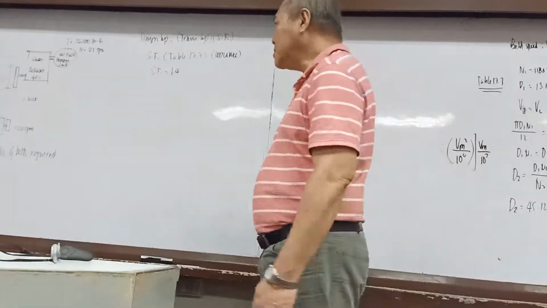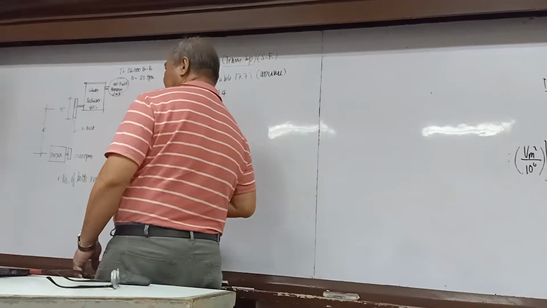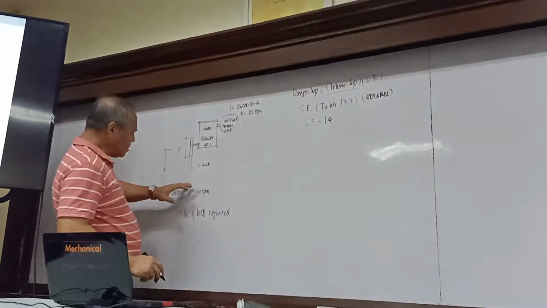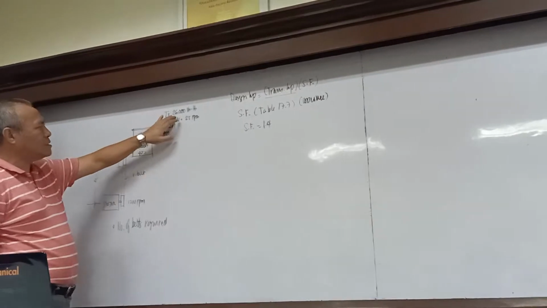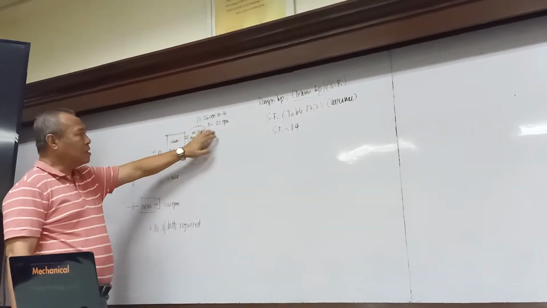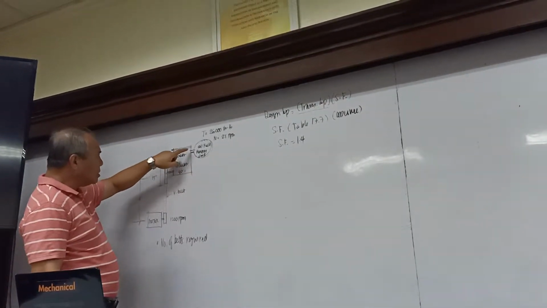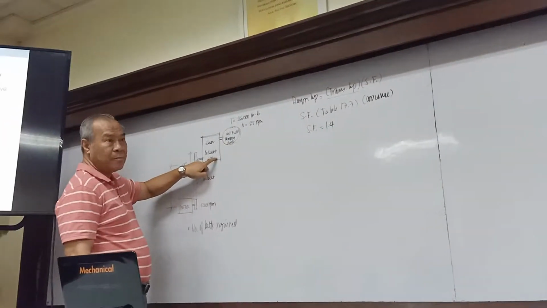Now, using this, what is the transmitted horsepower? Let's go back to this. If this will be the system, our pumping jack requires a torque of 26,000 inch-pound at a speed of 25 RPM. Since this is the reducer, it reduces the RPM to 25, coming from a higher RPM.